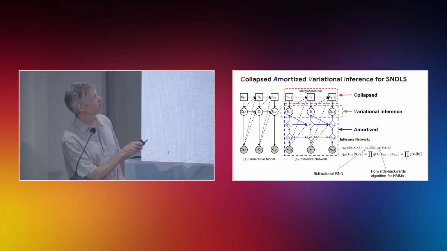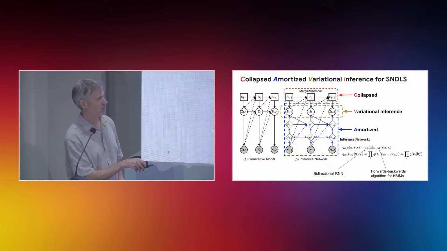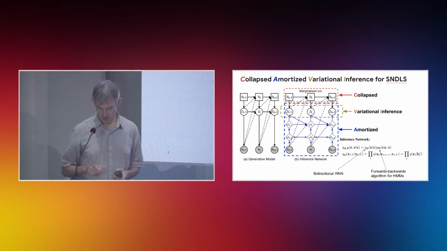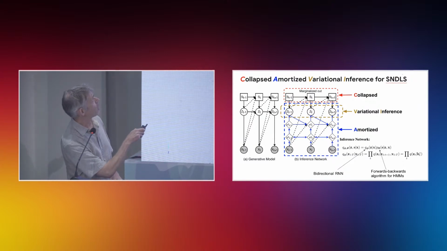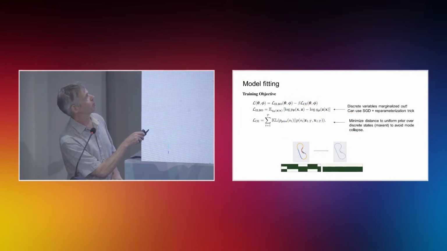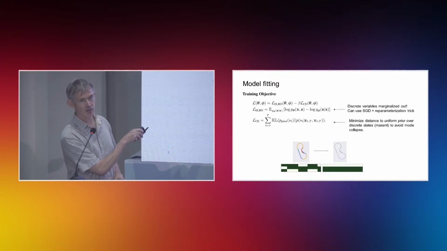So then we get rid of these discrete variables, and we can fit this inference network using gradient methods, and then this is just a closed-form algorithm. So that's the trick. To fit it, we optimize the ELBO, which is this collapsed marginal likelihood term that we get with forwards-backwards, and then we compare it to a sample from the inference network. And then we also have to regularize this problem.